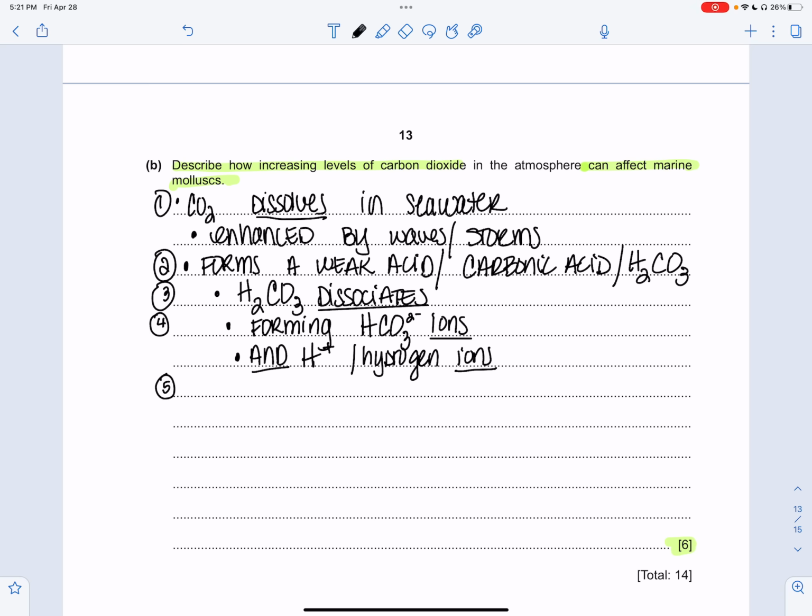Now, the fifth thing that's going to happen is that the hydrogen ions will increase acidity. Having an excess of hydrogen ions is acidic, or you can say it can decrease pH. Why does this matter?